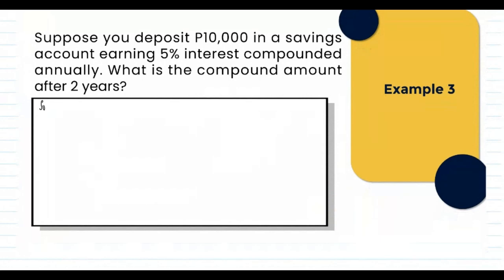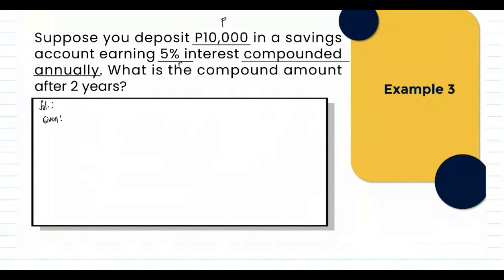And again, what I'd like you to do is identify first the given. So for this case, what is the 10,000 pesos there? Again, the 10,000 pesos there is the deposited amount. So that is the value that we start with, so that's going to be our principal. Then the 5%, what is that? That's the annual interest rate. And then, what is the meaning of compounded annually?